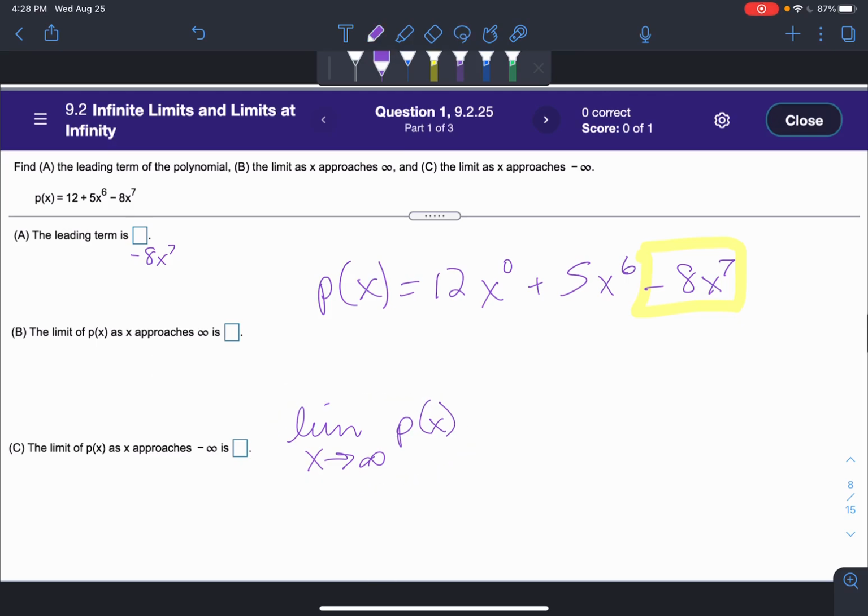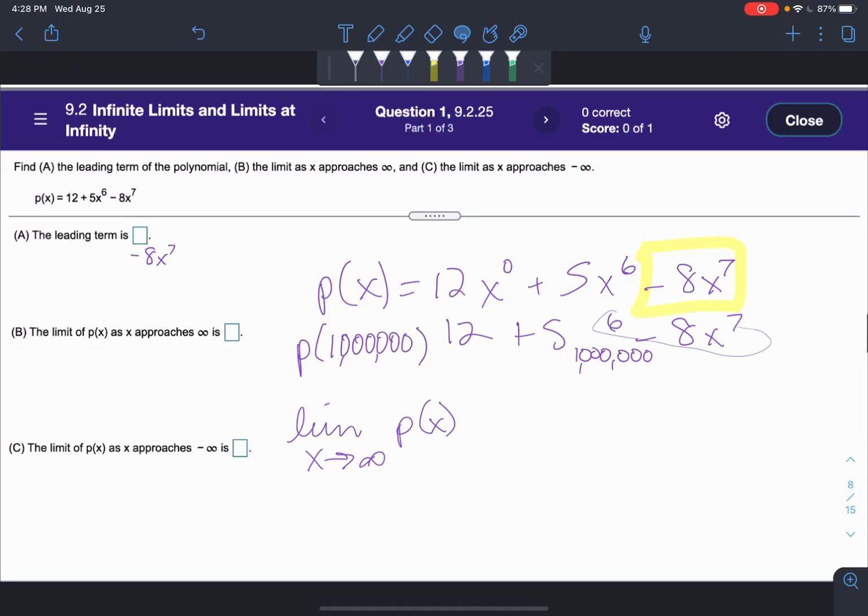so remember that this is just 12. So if I put a really large number in for x, so let's say maybe like 1,000,000. So then I would have 1,000,000 to the 6th power. Okay, so that's gonna be ginormous, just absolutely huge, times this 5.